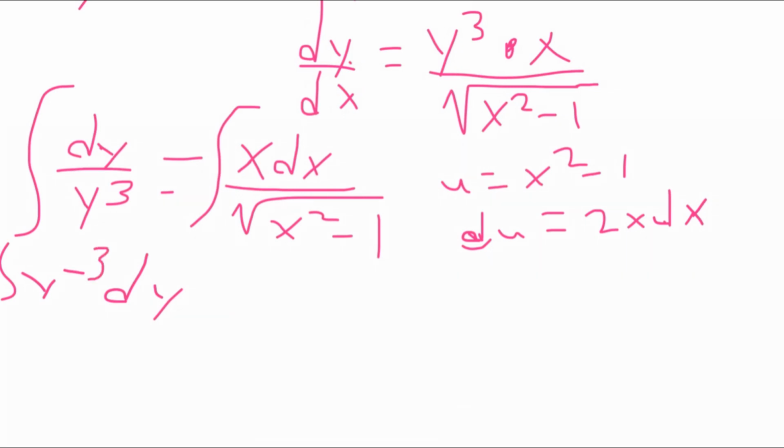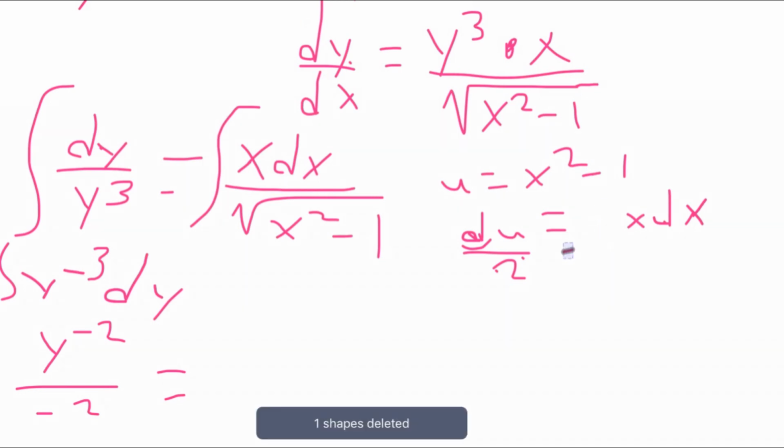So this just becomes y to the negative 2 over negative 2 equals, and we divide by 2 here, and this will just be x.